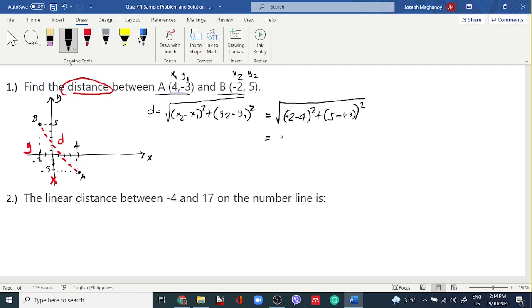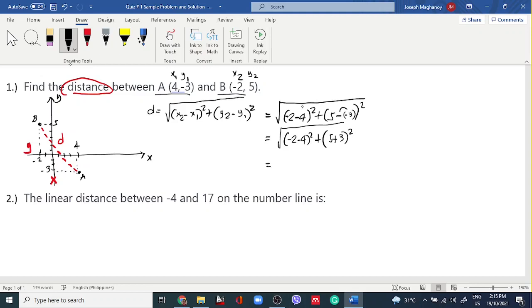Okay, simplify. -2 minus 4 is -6. So square root of -6 squared plus 5 minus negative 3, negative times negative becomes positive, so 8 squared.